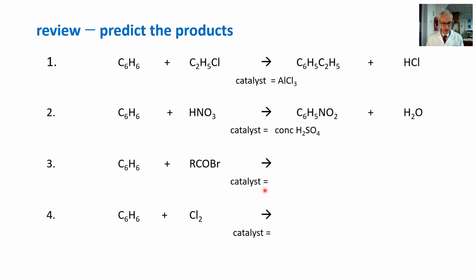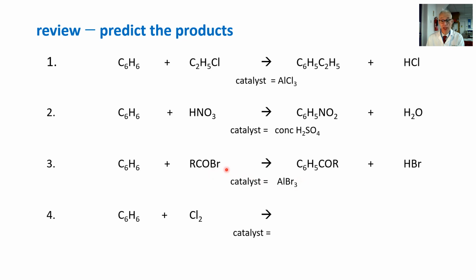The third electrophilic substitution is a Friedel-Crafts acylation, so we have an acylated benzene ring. For instance, if this was CH3, this would be phenylethanone. Hydrogen bromide, because we're starting with an acyl bromide.